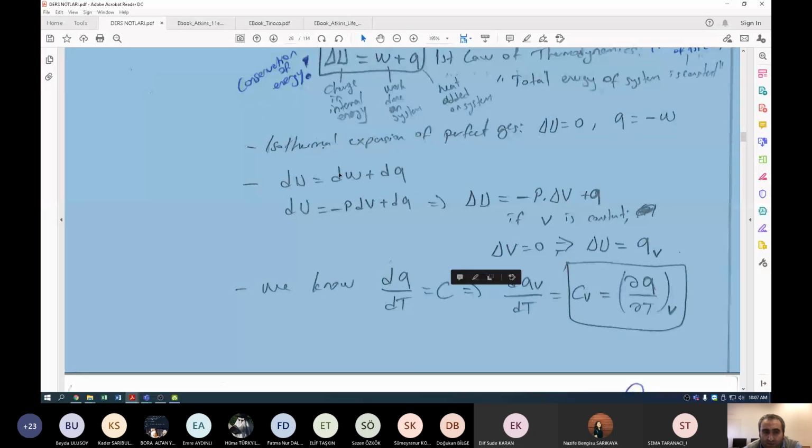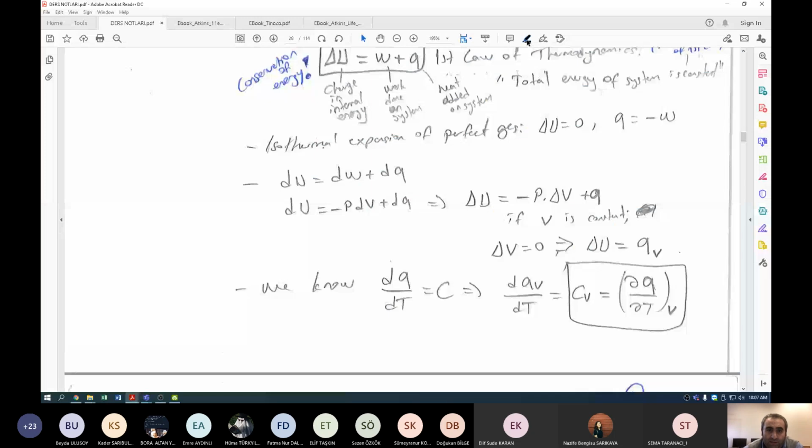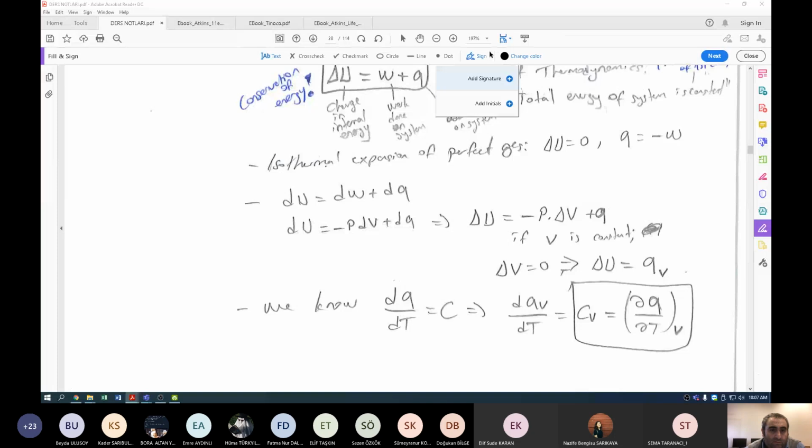I didn't include the little bar, so let me fix that.